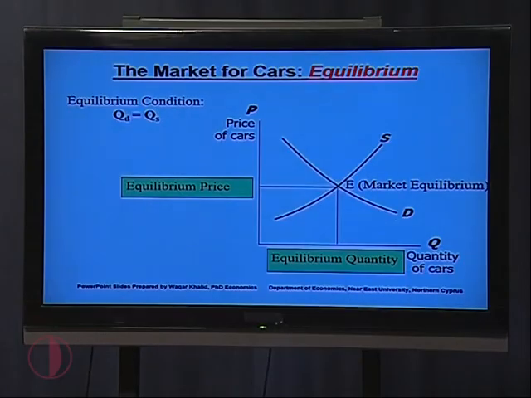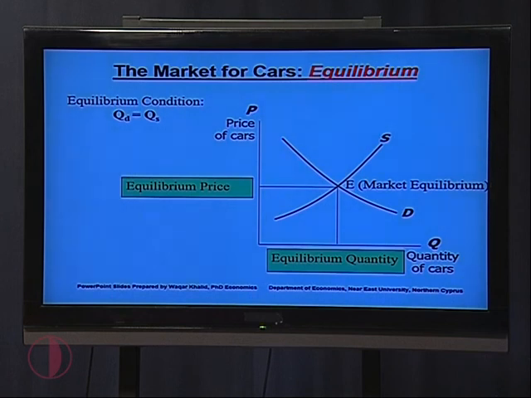A market is that location or arrangement where buyers and sellers come into contact for the purpose of purchasing and selling. The consumer is interested to purchase something and the producer is interested to sell something at a given price. So the price and quantity will be settled in the market.